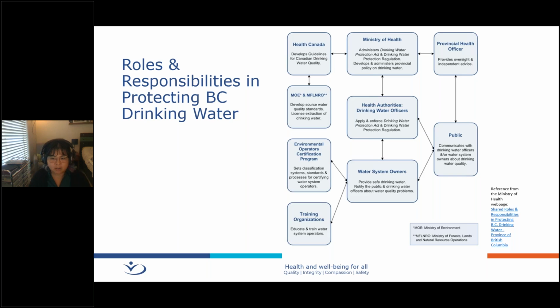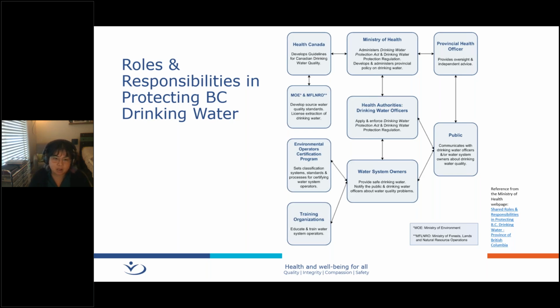We are responsible for implementing, applying, and enforcing the act and regulation and inspecting the water systems. And in the last middle box, you'll see water system owners. As water system owners and operators, you're responsible for providing safe drinking water, as well as notifying the public and the drinking water officers about water quality issues.